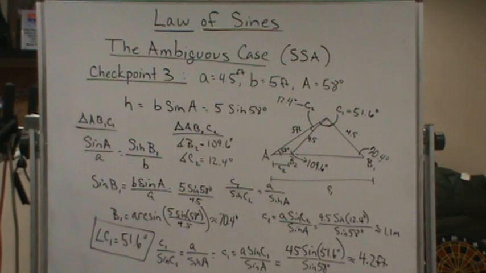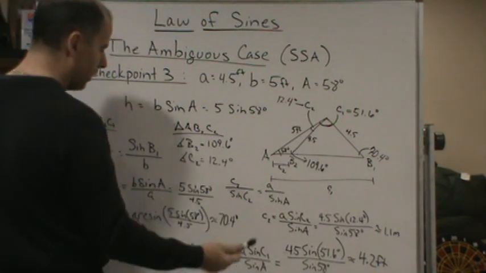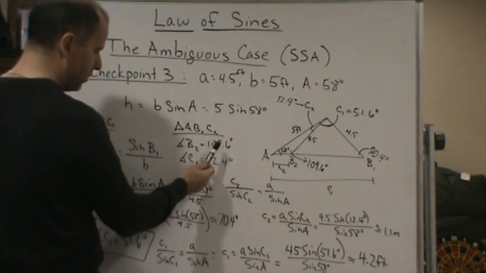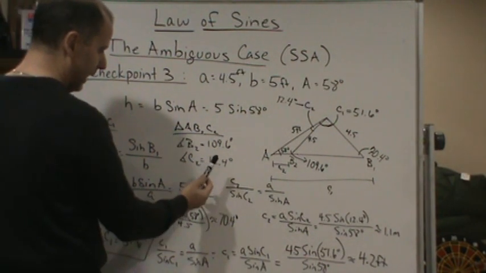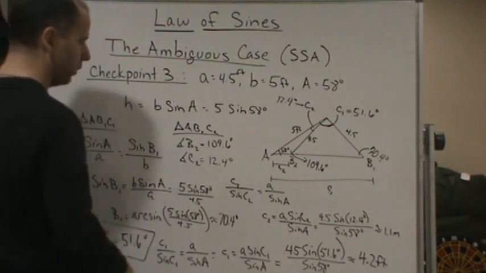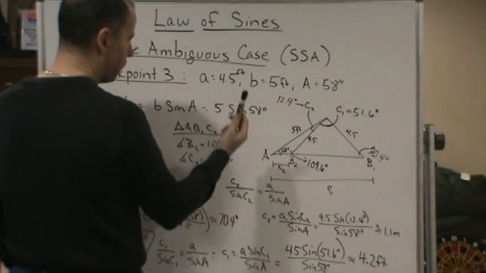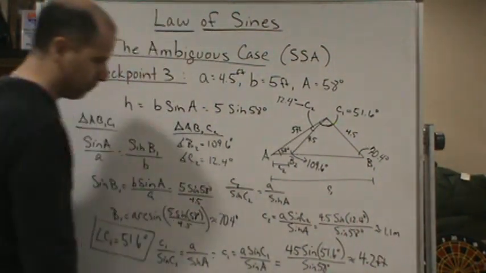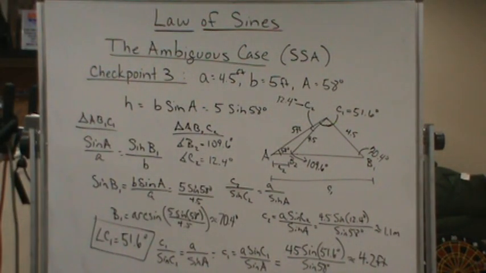All right. And so for the second triangle, we've got angle A is 58, angle B2 is 109.6, angle C2 is 12.4 degrees. Then we got A is 4.5, B is 5, and C2 is approximately 1.1 meters. And that's it. Let me know if you have any questions.